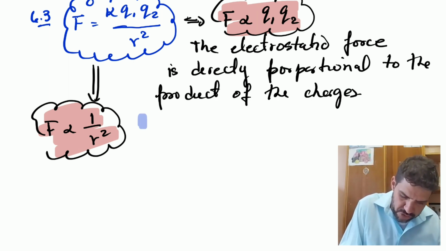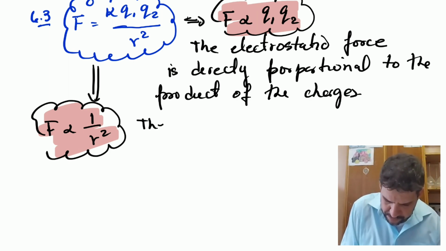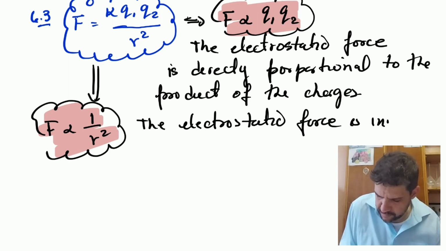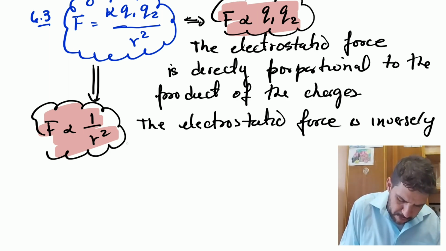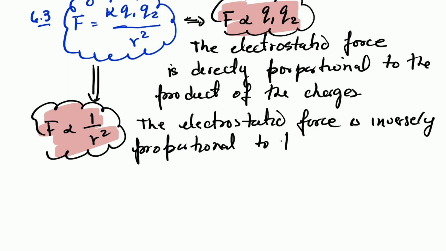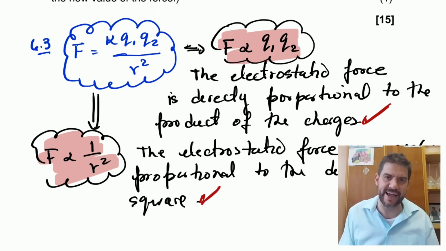If you write it all in one sentence, you can say, and the electrostatic force is inversely proportional to the distance squared, or to the square of the distance between them. That one is the second part of the law. You'll get 1 mark for each of those specific sentences, guys. It is coming from the formula.